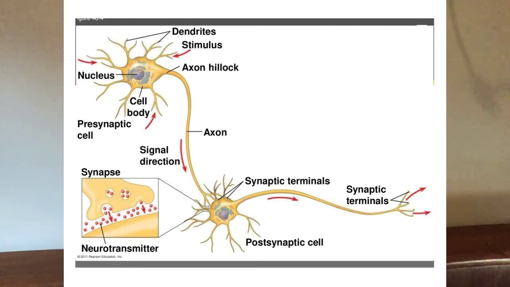So you see there's actually a space between them. I say they come in contact, but really they don't touch. There's a space between them. And you can see what's happening here with the chemical synapse: the presynaptic cell is releasing a chemical into that space, and that chemical is what's coming in contact with the cell membrane of the postsynaptic cell.